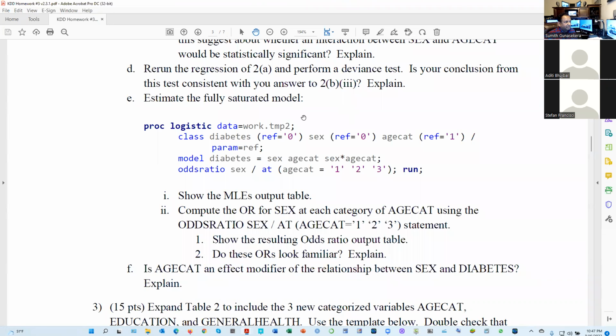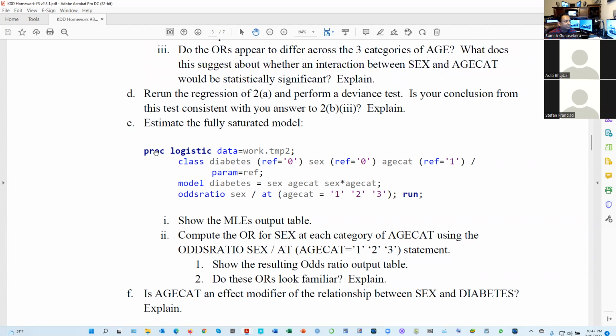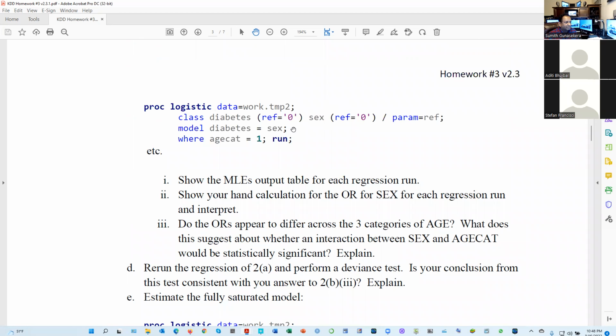And E again, then age category, you're going to change that one. This one: estimate the fully saturated model. What's a fully saturated model? Here we have gender only, and run these two.